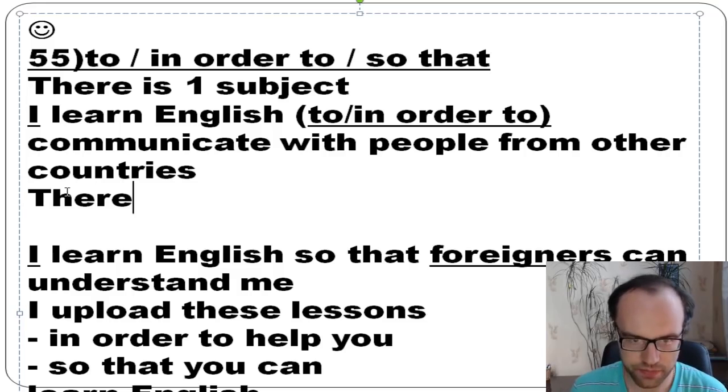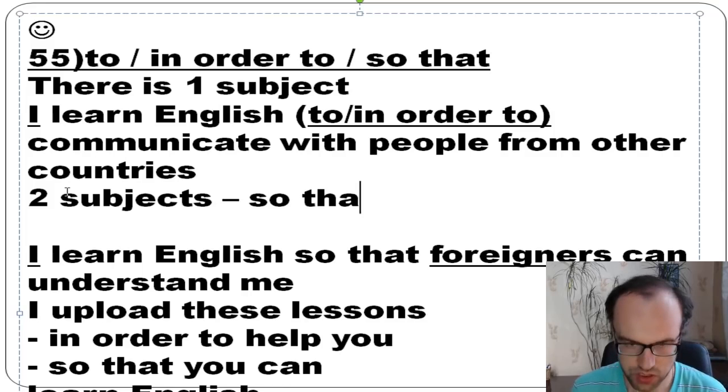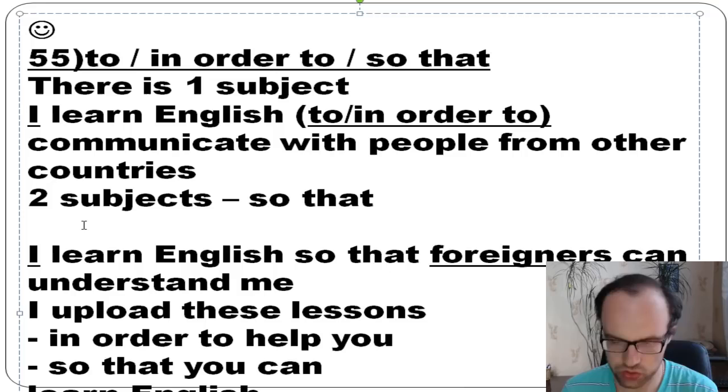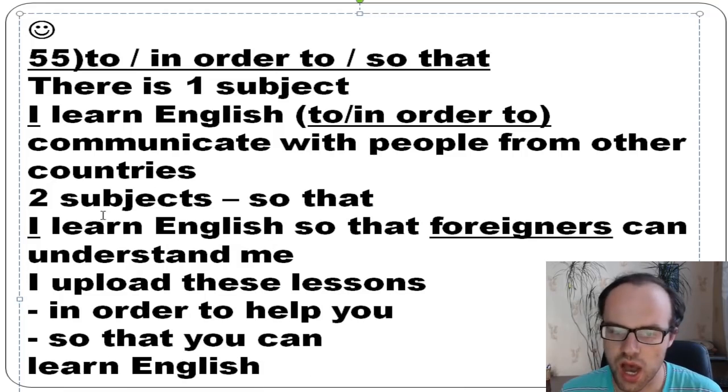So if there are two subjects, you need to use so that, not to, not in order to. Look, I learn English, so it's the first subject, so that foreigners, it means foreign people or people from other countries, can understand me, okay? So use so that if there are two subjects. I learn English so that foreigners can understand me.